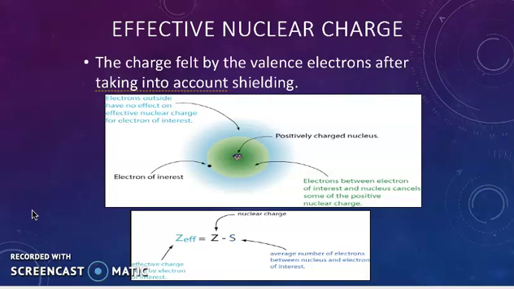If you can look at this diagram, if our electron of interest is right here, electrons on the outside don't have any effect on the effective nuclear charge, but just the electrons between our electron of interest and our positively charged nucleus, those ones have an effect, so they cancel out some of the positive because they're pushing that negatively charged electron away from the positive nucleus.